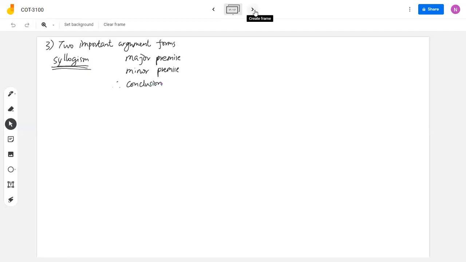So the first one, the name is a Latin name, is called Modus Ponens. The Latin name means method of affirming.